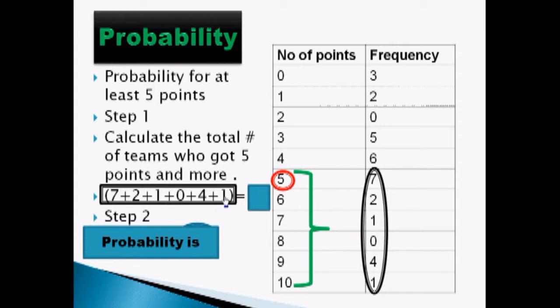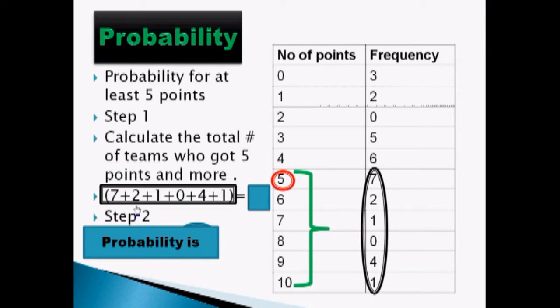So note, what you need to do is you realize that 7 teams got 5, 2 got 6, 1 got 7, no team got 8 points, 4 teams got 9 points, 1 team got 10 points. So all you have to do is add all the frequencies right there.